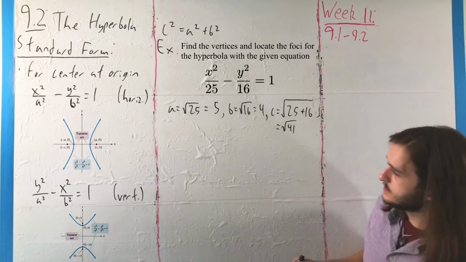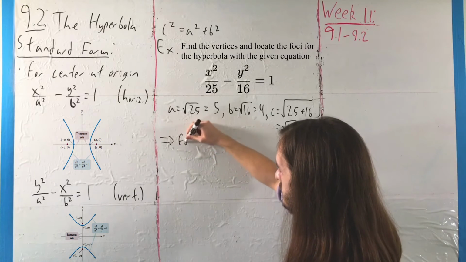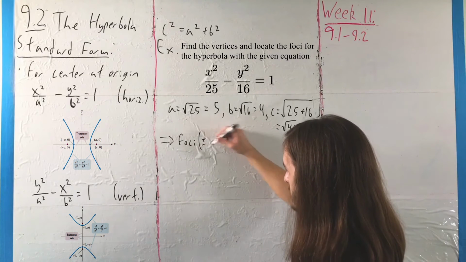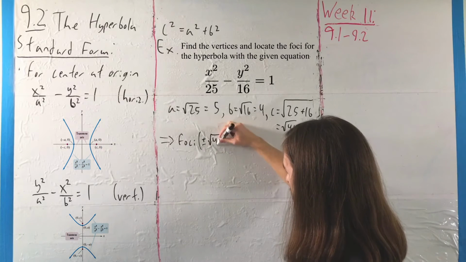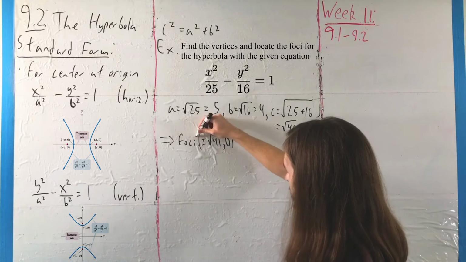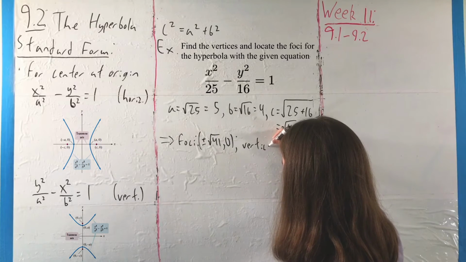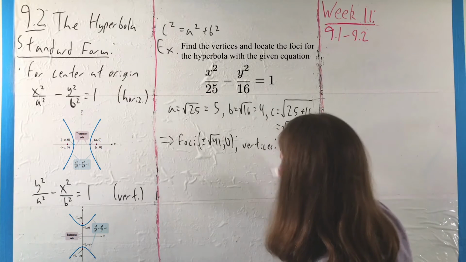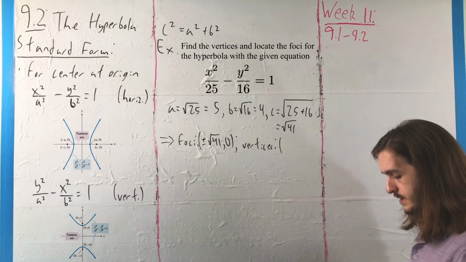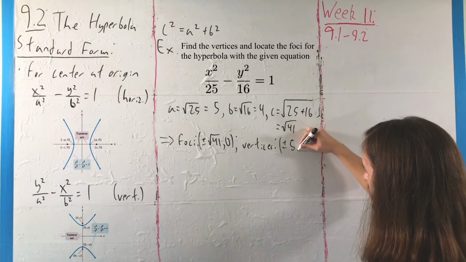Anyway, from this, we get that our foci are going to be at plus or minus c, 0, so plus or minus root 41, 0, while the vertices are going to be at the a type of value, which here is plus or minus 5, comma 0.